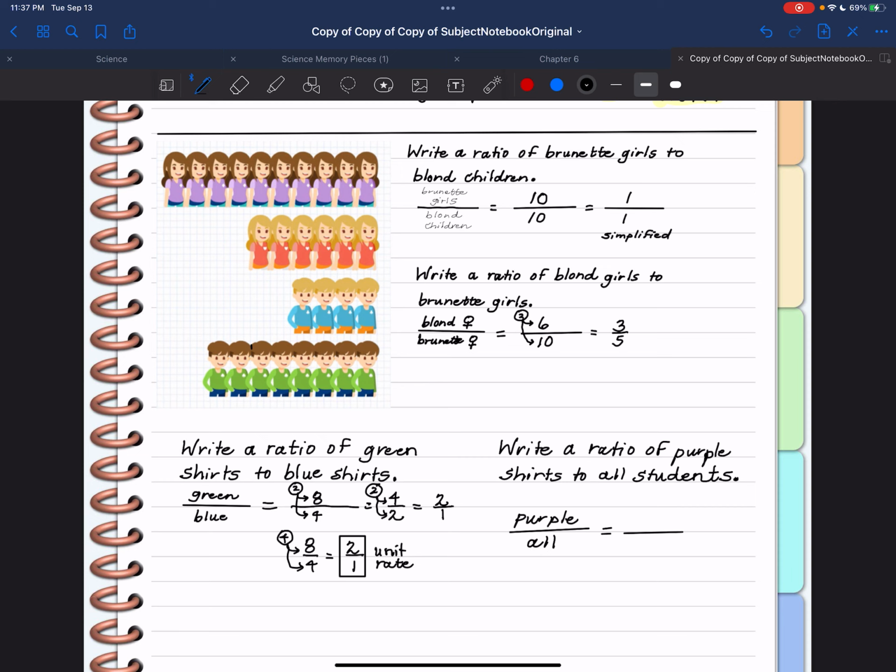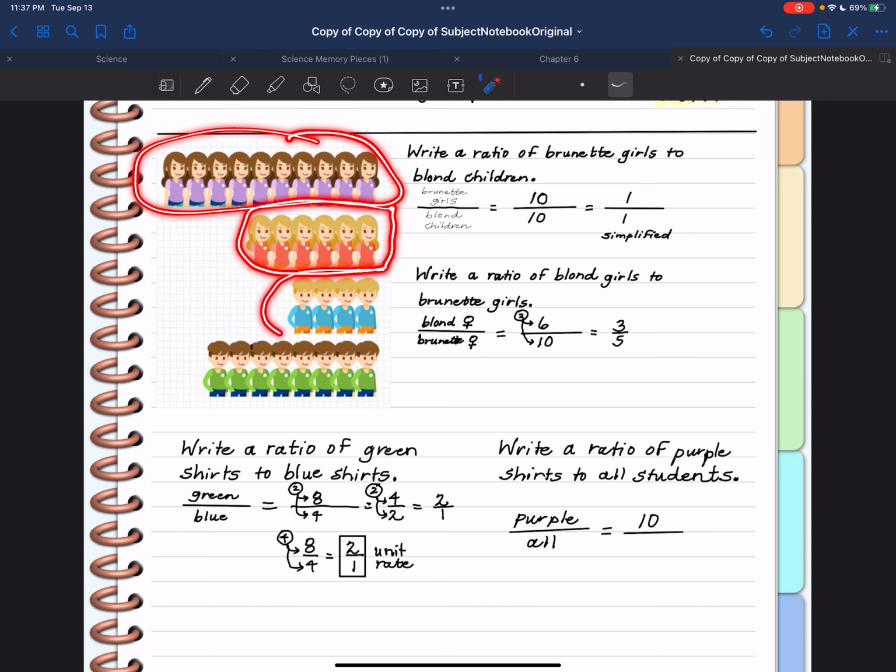So the purple shirts are 10, and then all students. So we have 10 plus 6, that's 16, plus 4 is 20, plus 8 is 28.